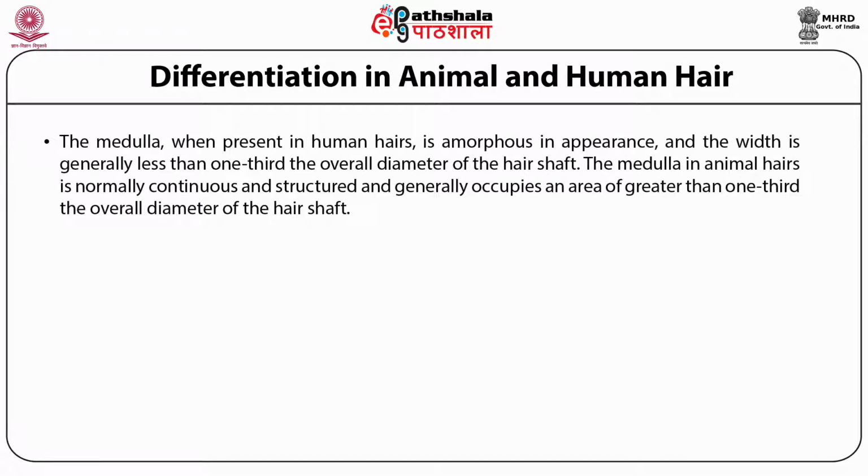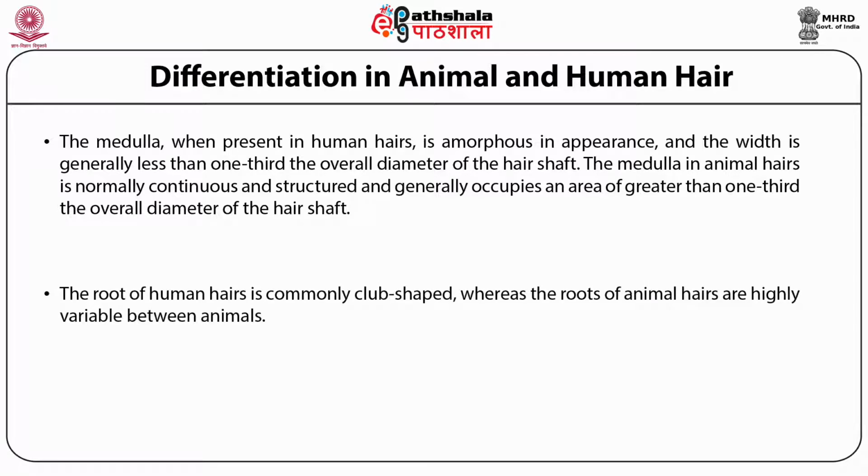The medulla, when present in human hairs, is amorphous in appearance, and the width is generally less than one-third the overall diameter of the hair shaft. The medulla in animal hairs is normally continuous and structured, and it generally occupies an area of greater than 1/3 the overall diameter of the hair shaft.